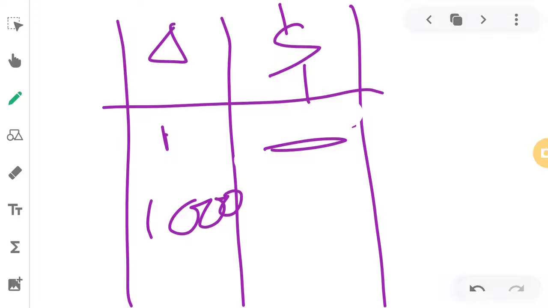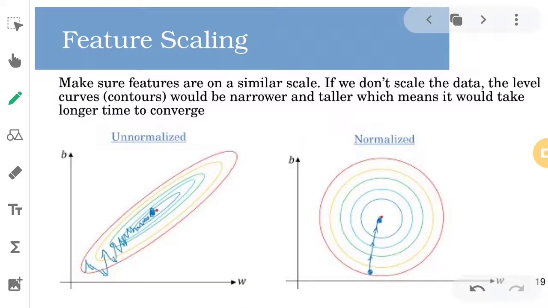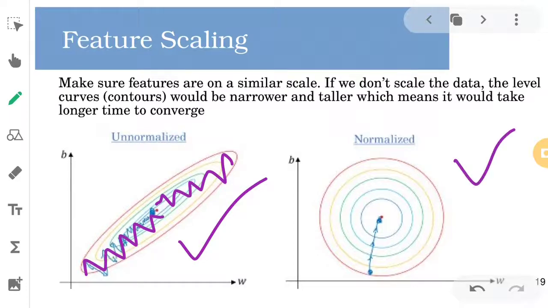So when we plot the gradient descent curve, it becomes like this, and we have to descend like this, and it takes very much time. So what we have to do is use this curve instead.